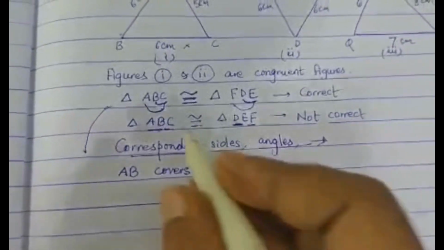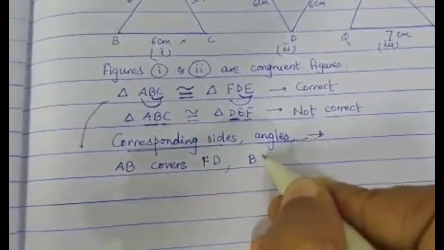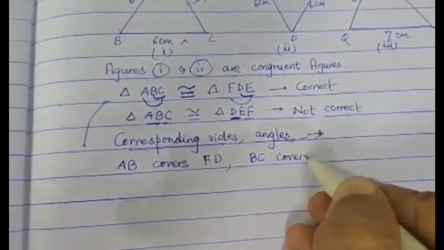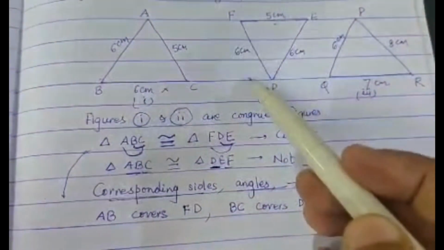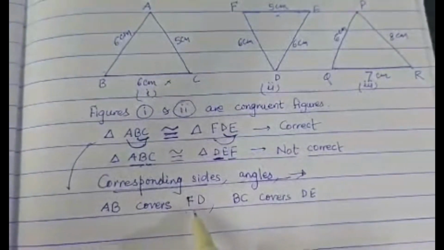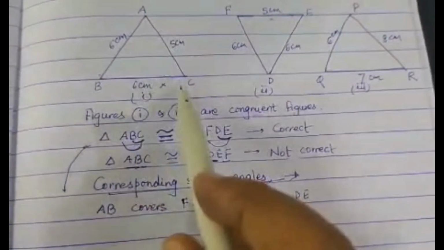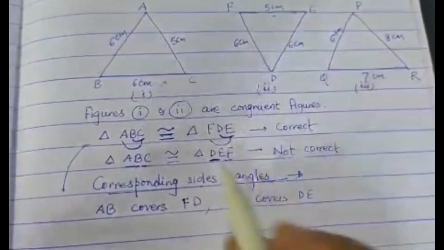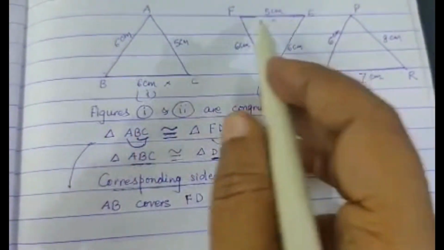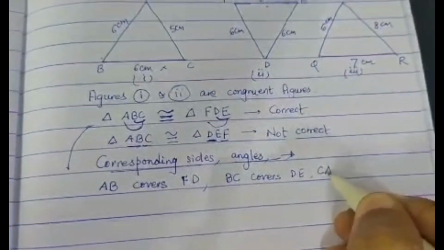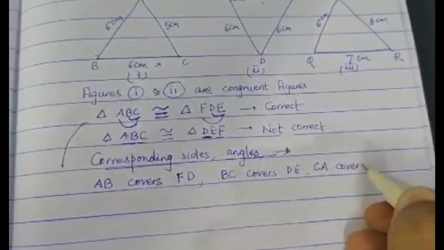BC covers DE. You see here, AB covers FD, 6 and 6. BC covers DE, 6 and 6. Similarly, CA covers EF. CA or AC covers EF.